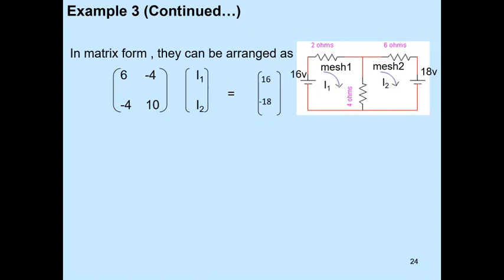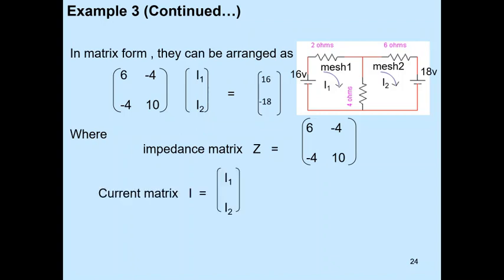So the impedance matrix is 6, minus 4, minus 4 and 10. The current matrix is I1 and I2. The voltage matrix is 16 and minus 18. See here, impedance matrix, current matrix and voltage matrix. In this way, we can write the mesh equations in matrix form.